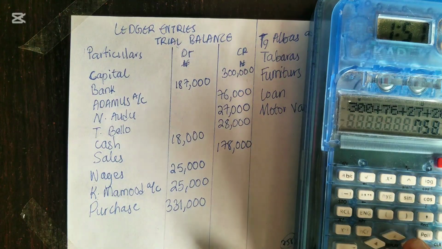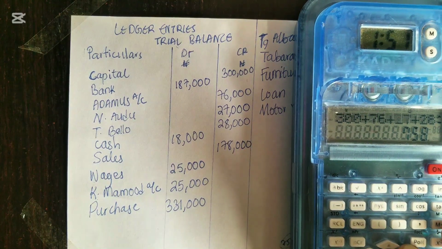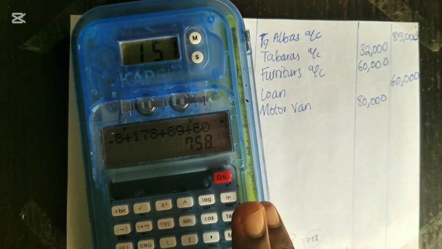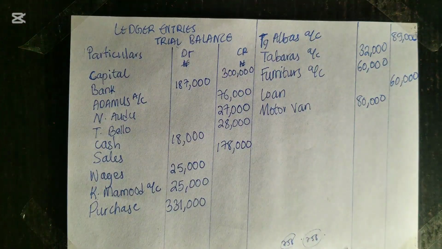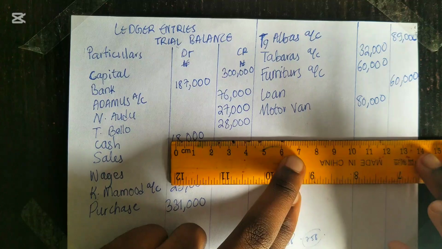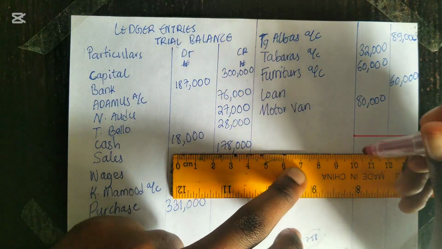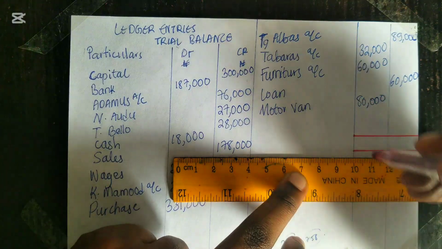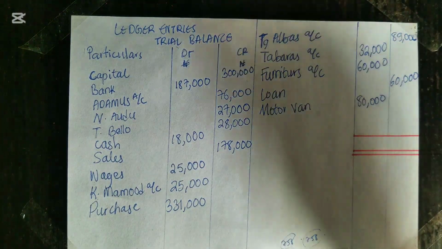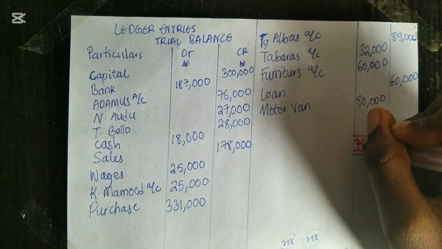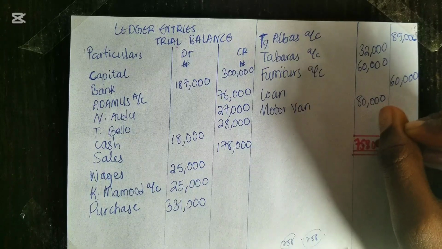We have 300 correct, 76 correct, 27 correct, 28 correct, 157 correct, 89 correct, 60 correct. So what we'll be doing now is to do this. $758,000.